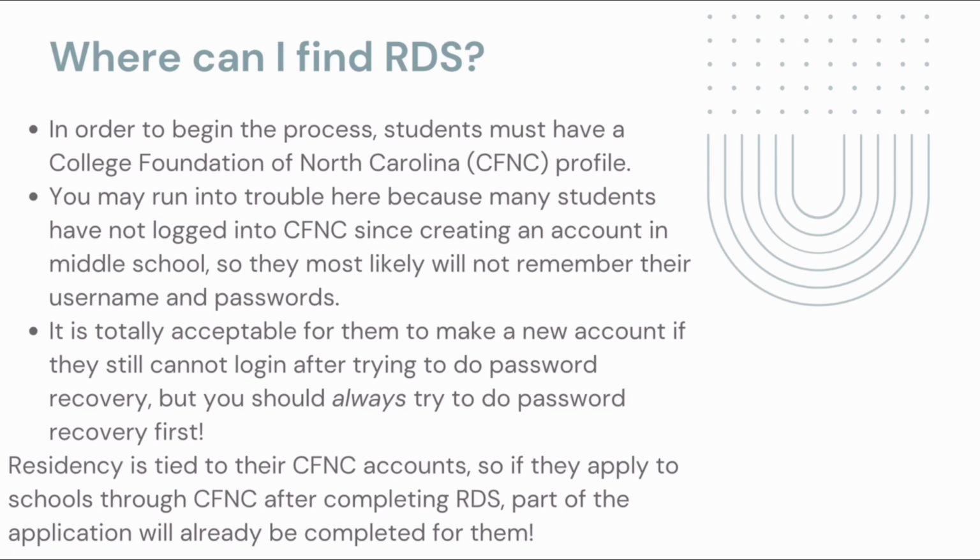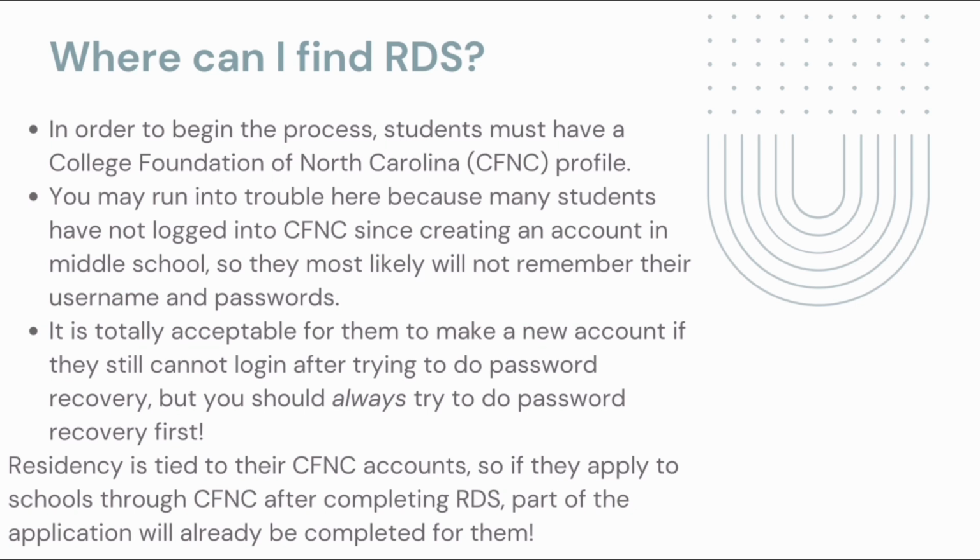But many students may run into a problem here because they probably created their account back in middle school, so most of them most likely don't remember their username and password. Therefore, it's totally acceptable for you to go ahead and make a new account only if you cannot retrieve your password and your login information.